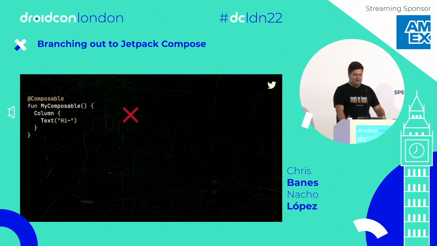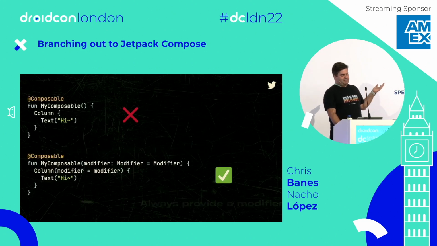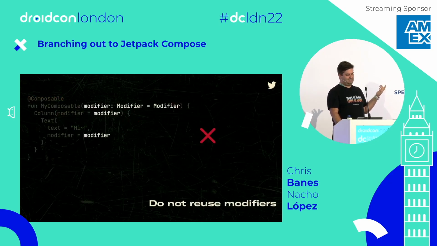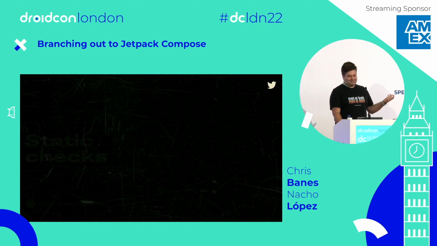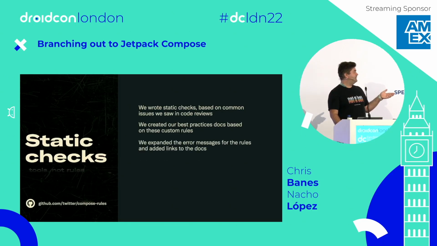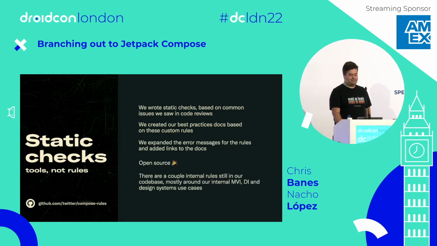So we detect that if they emit content, they should have a modifier, and if the modifier is used in multiple places, that's bad, because UI breaks in many ways. And there are many more. So we created our best practices around these rules. Then the error messages point to these best practices, creating a nice feedback loop, and we open sourced them.